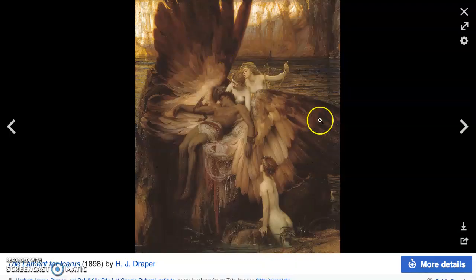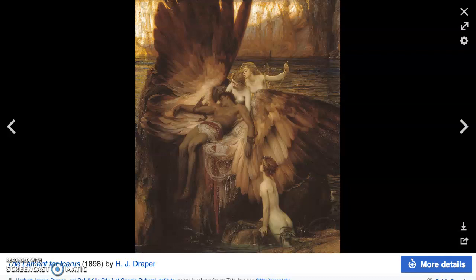Whereas you have this image of Icarus, and this Icarus is heroic. He's tragic. He's beautiful. He's admired by these water nymphs. So you can take the same mythology and have a different interpretation of it, and that's another key to interpreting these works.